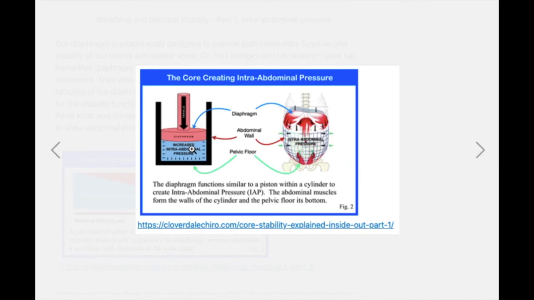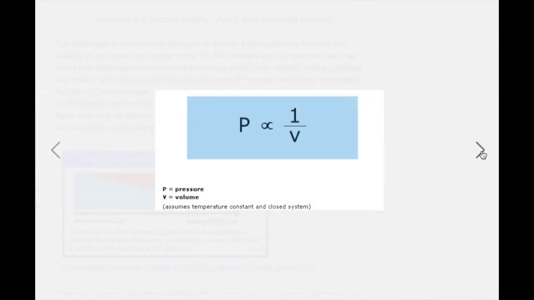However, unlike the cylinder, our abdominal wall and pelvic floor are not rigid structures. And that is actually a good thing, because then we can increase the volume within the abdominal cavity to mitigate the excessive pressure built in our body.